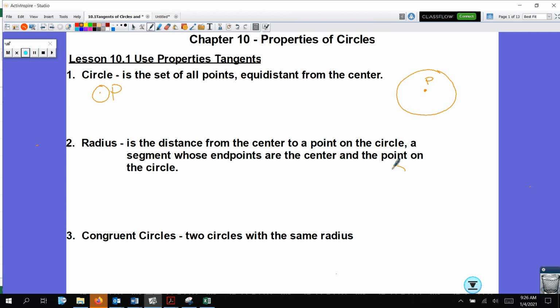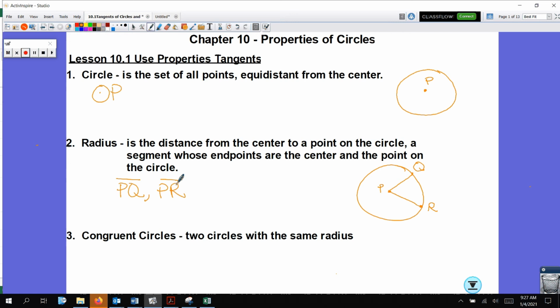If I still have my circle P here, and let's say this segment goes to Q, and this segment goes to R, then the radii would be PQ and PR. The radius is the same length. Any segment from the center of the circle to the edge of the circle will be the same length.